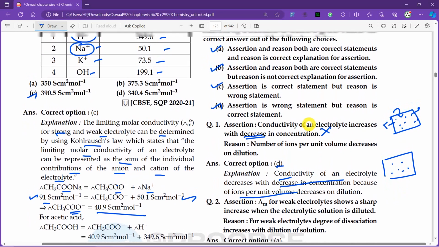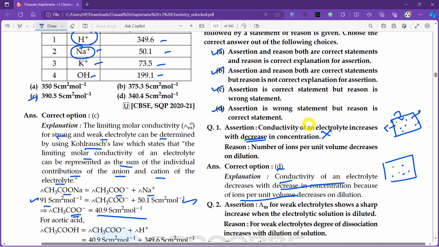Then next, the molar conductivity for weak electrolytes shows a sharp increase when the electrolytic solution is diluted. For weak electrolytes, the degree of dissociation increases with the dilution of solution. Yes, the molar conductivity for weak electrolytes shows a sharp increase when the solution is diluted. That is, in the case of weak electrolytes, they will not dissociate completely.